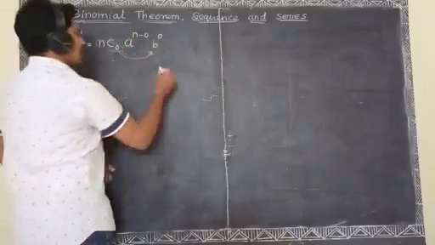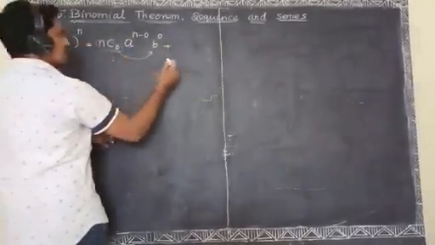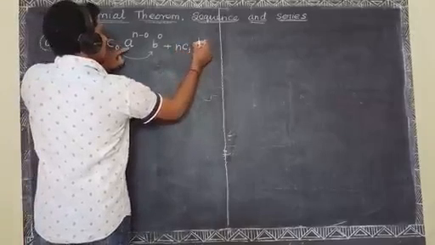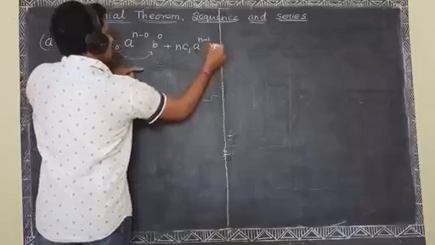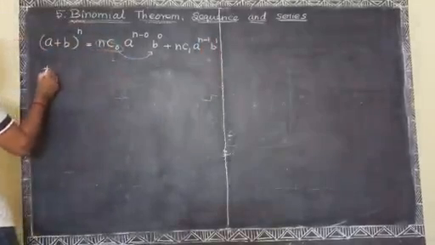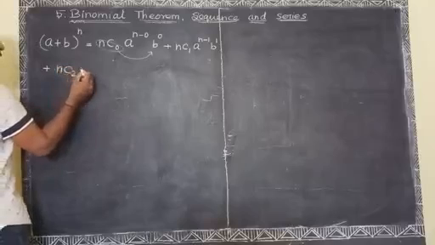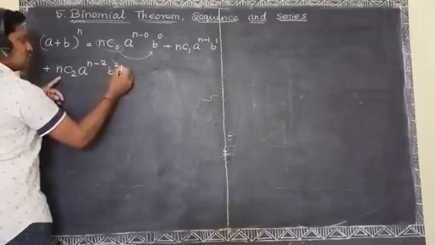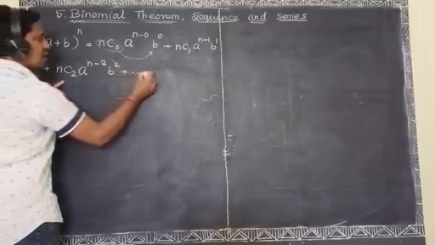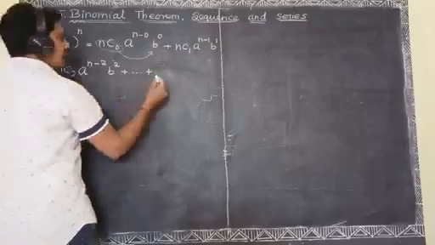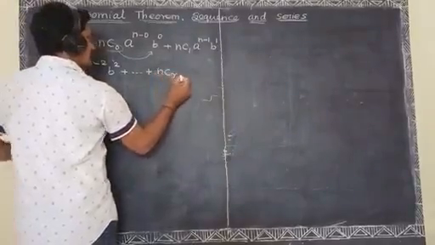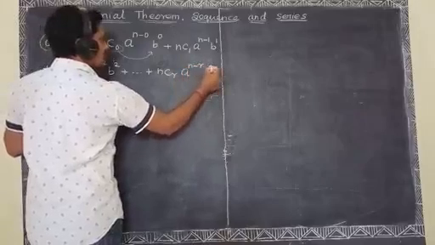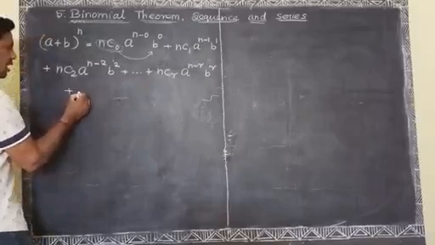Plus the next term nC1, a power n minus 1, b power 1, plus nC2, a power n minus 2, b power 2, and so on, plus nCr, a power n minus r, b power r, and so on.